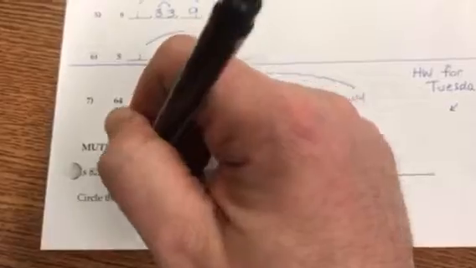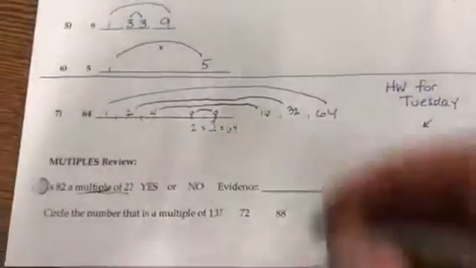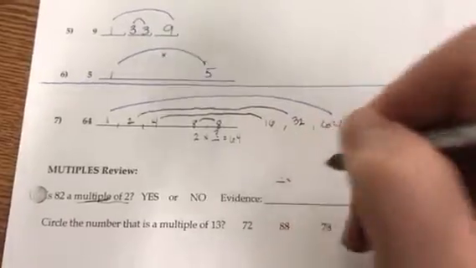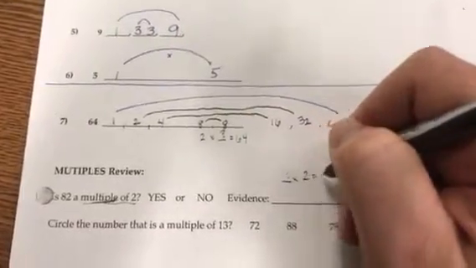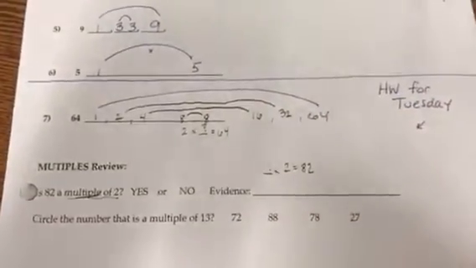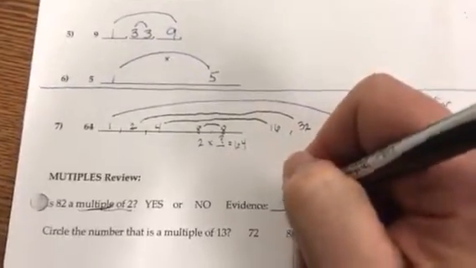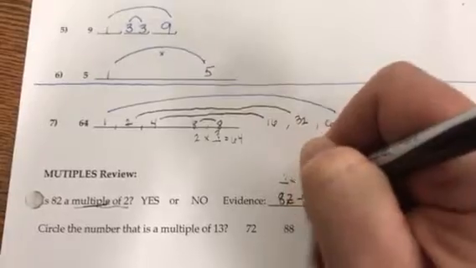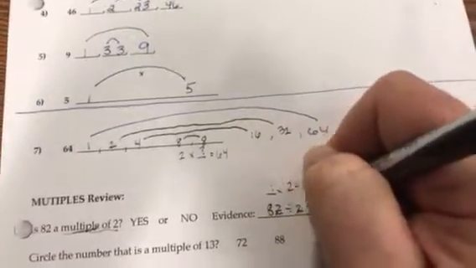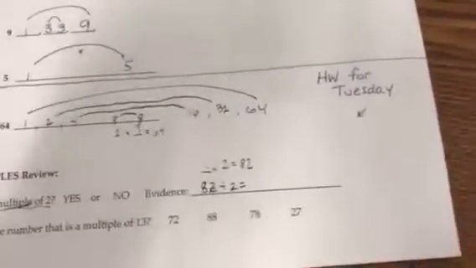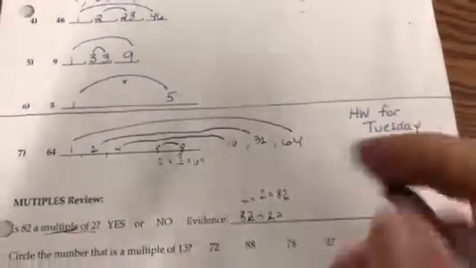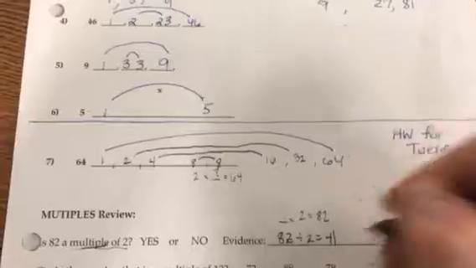So we're wondering, is 82 a multiple of 2? Use our division evidence to check. So we're wondering, how many times are we counting by the number 2 to hopefully say 82? We're going to do our division inverse to check. 82 divided by 2 equals, and we'll do that on our calculator, 41.